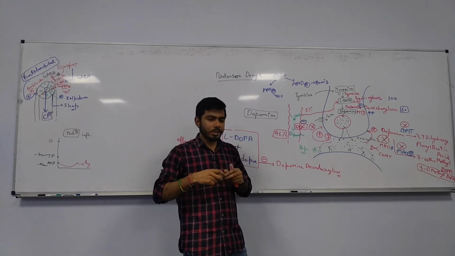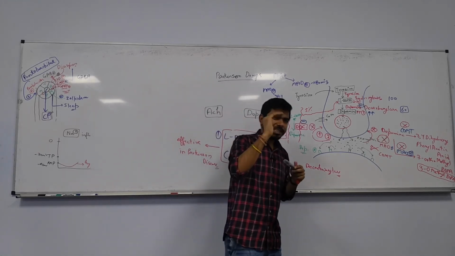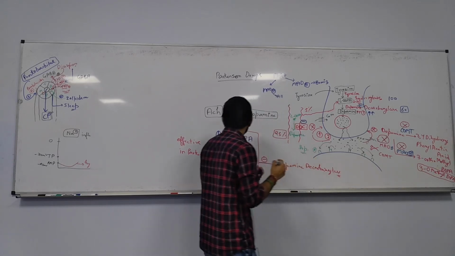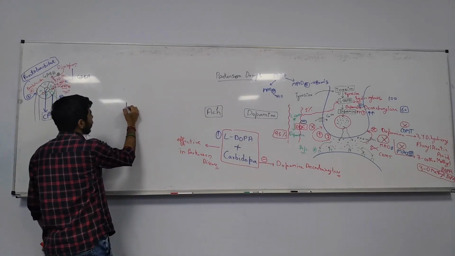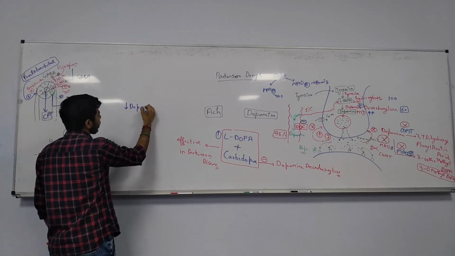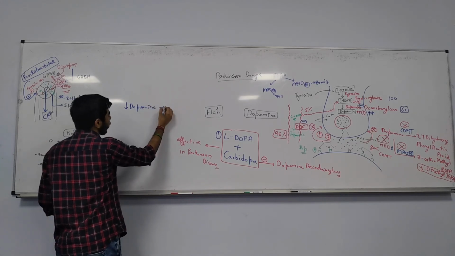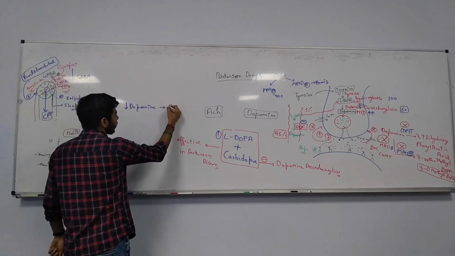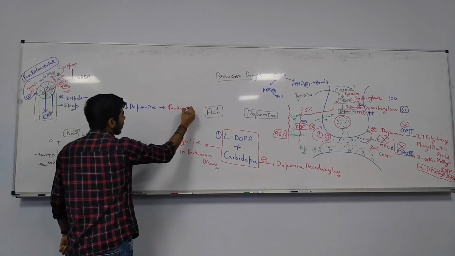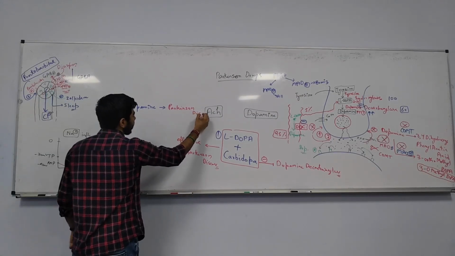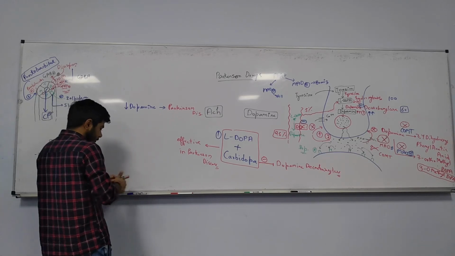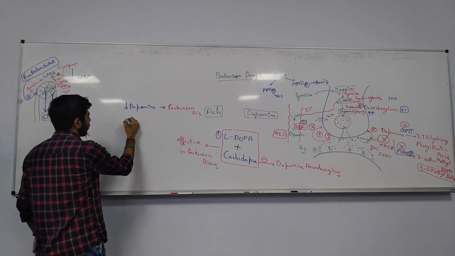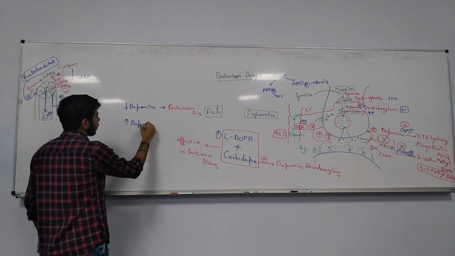Okay, then the thing is less level of dopamine. If we are talking about less level of dopamine inside the CNS, we are calling this problem Parkinson disease. Now if there is more dopamine, that is also a problem.